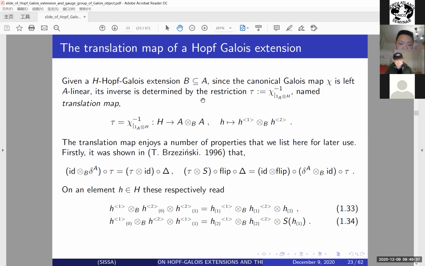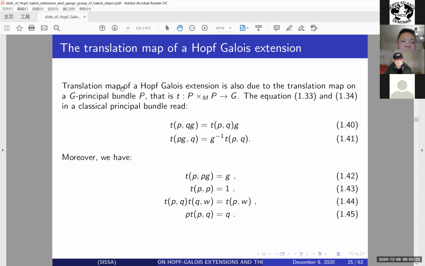The translation map has several properties, and we can write them as the composition of tau and the identity tensor epsilon A equal to delta composed with tau tensor identity, which we write explicitly as 1.33. And similarly, we have another proposition given by 1.34.